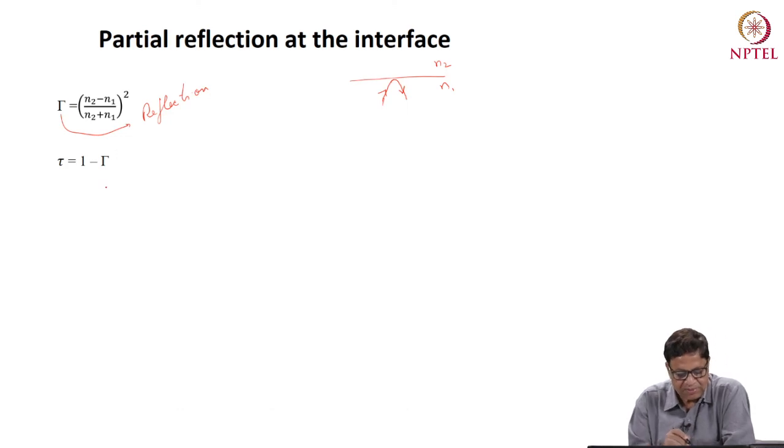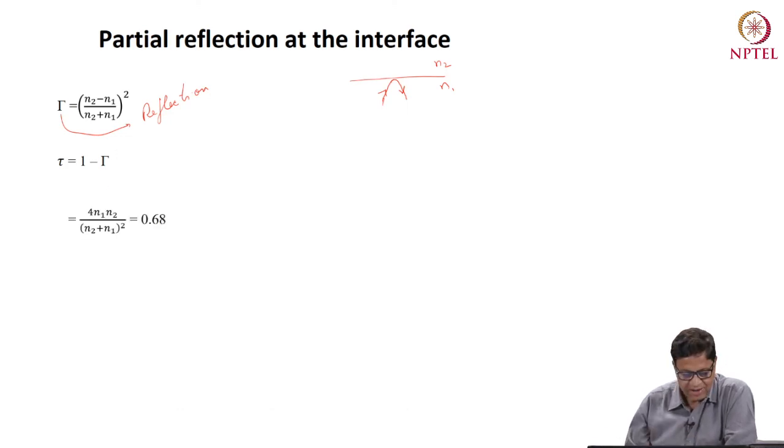The transmission coefficient will be 1 minus tau, and if I put this value of tau here and do some calculation, what I get is 4 n1 n2 over (n1 plus n2) square, and again assuming n2 is equal to 1, I get 0.68. So this is the transmission coefficient, I mean the light which is going out of the device.